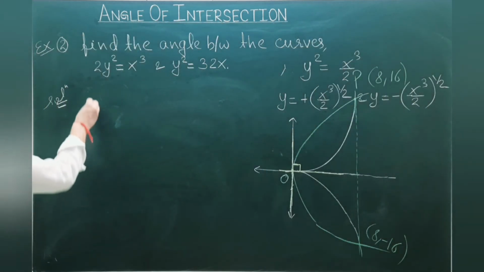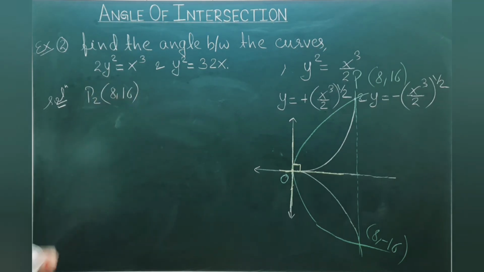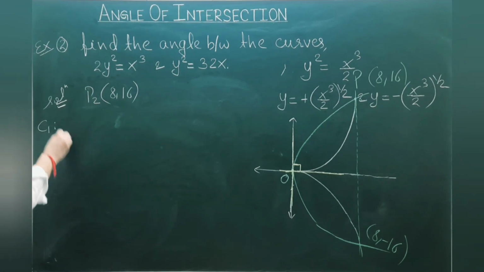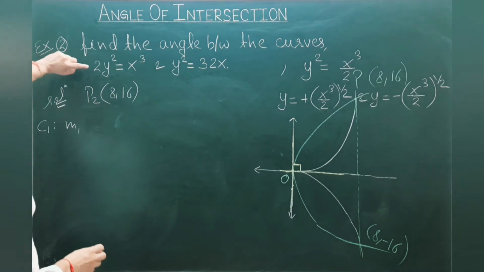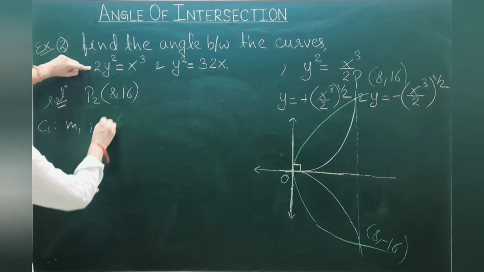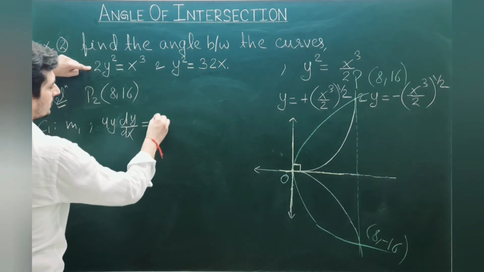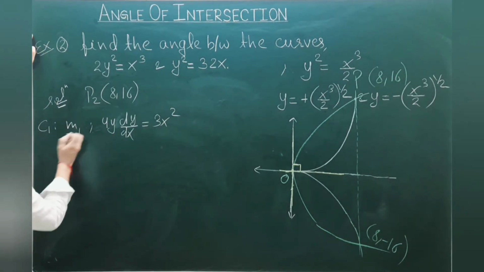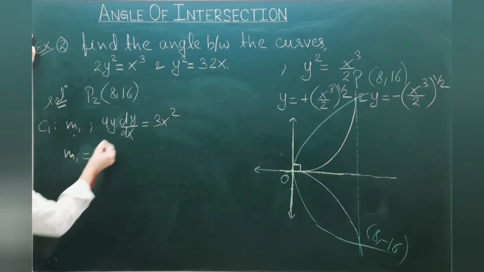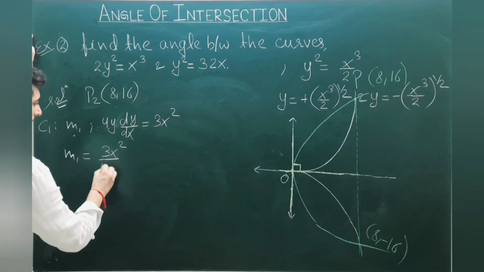So now for the point P2, which is (8, 16), for the curve C1, the slope of the tangent M1 will be obtained by the derivative. Here it is 4y dy by dx equals 3x square, so M1 is dy by dx, which is nothing but 3x square upon 4y.